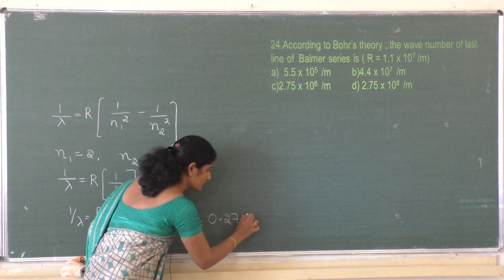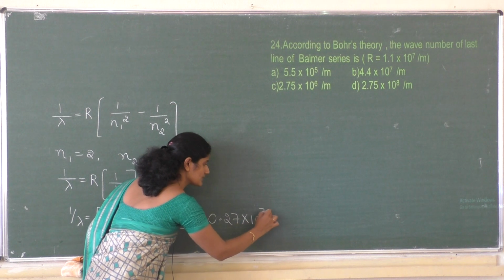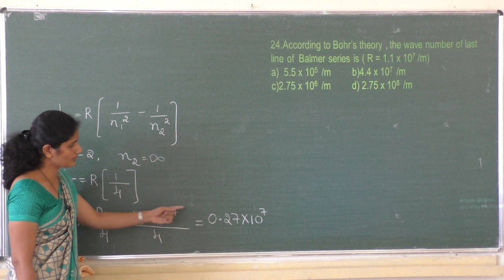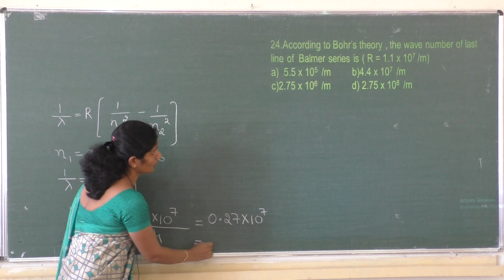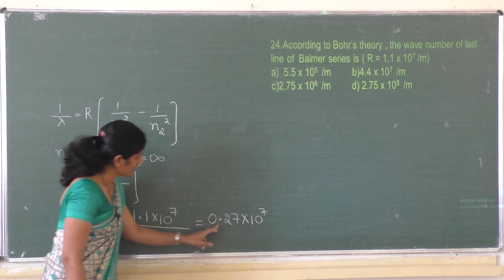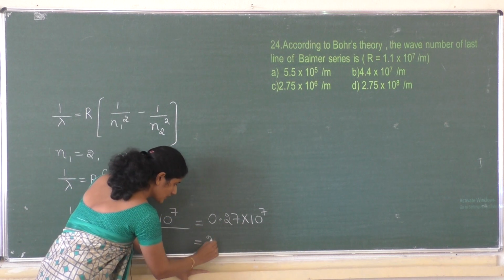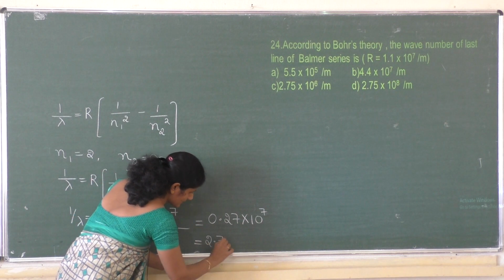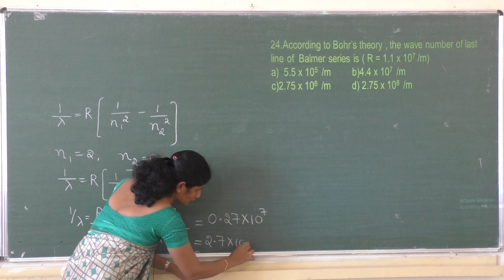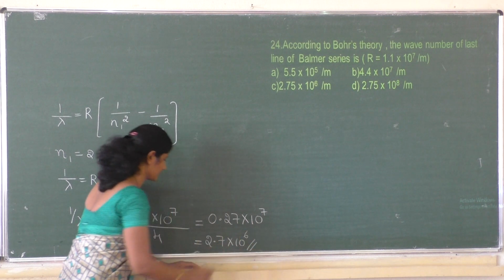0.27 into 10 to the power 7, or 2.7 into 10 to the power 6.